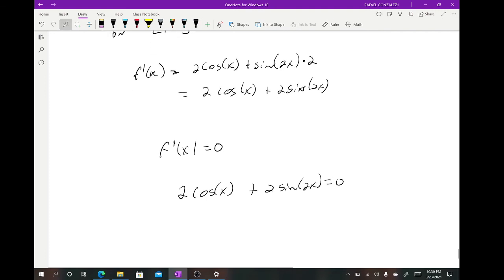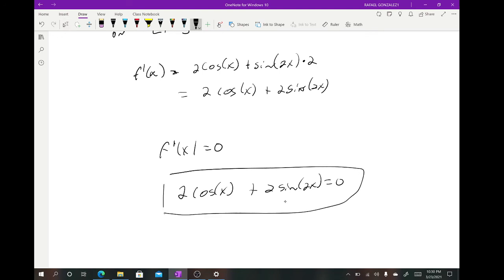Okay? So here you're going to have to use some facts from pre-calc to solve it. So this is why I'm leaving it here as an exercise, especially to simplify this. Okay, you have a 2x in here, so you have to figure out there's a trigonometric rule that allows you to simplify this.